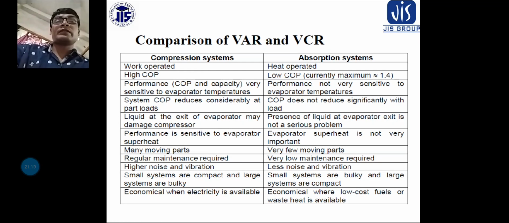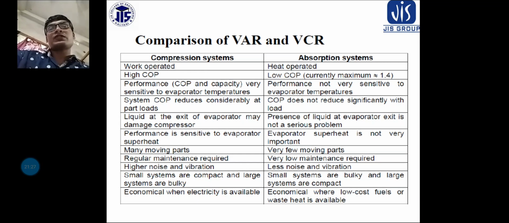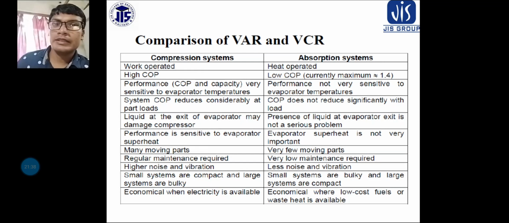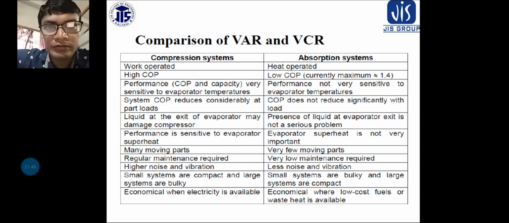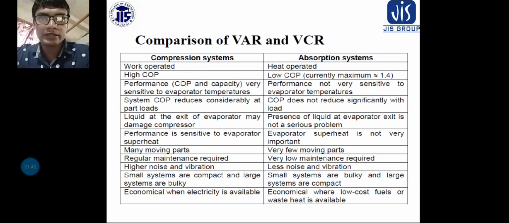Can I run this compressor without electrical power? No, we cannot. To run the compressor, electrical energy is needed. Electrical energy is taken in the motor, and the motor gives shaft work. So it is a work operated device.